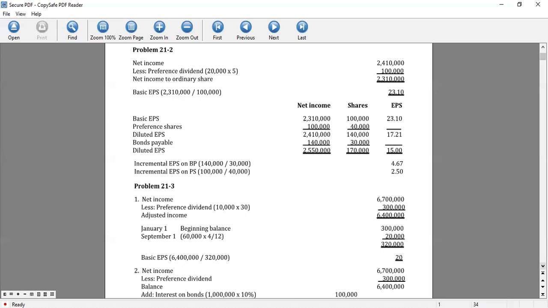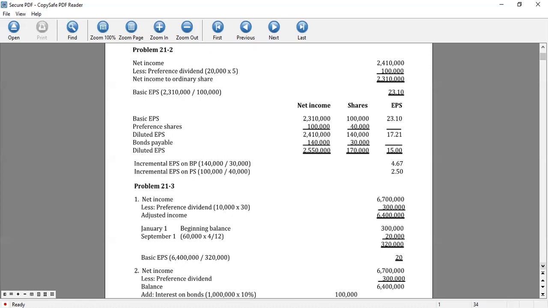But if we have it at 10%, then it will be 200,000. And we have the income tax rate equal to 30% of 200,000. So that will be 60,000.